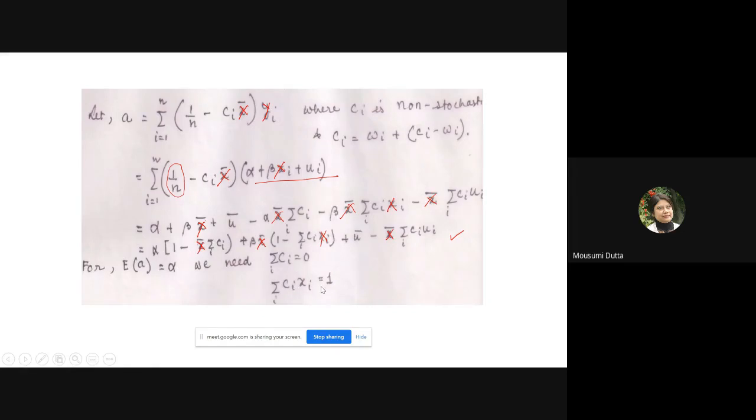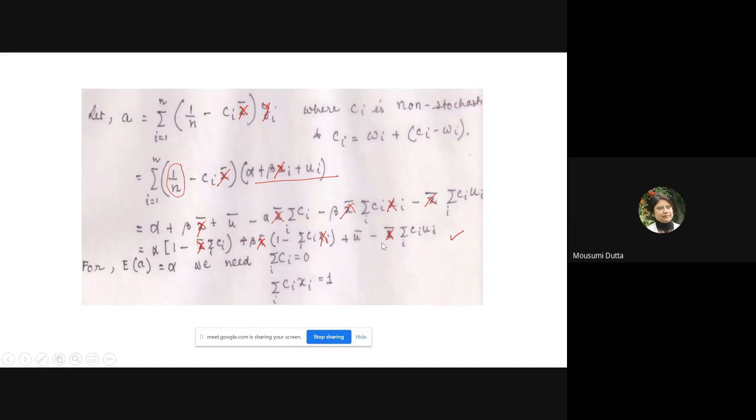And summation Ci xi is equal to 1. If summation Ci xi is equal to 1, this part is 1 minus 1, 0, so this part will vanish. We will not bother about u bar and ui because when we take expectation, whenever we consider expectation of ui, the term will vanish.